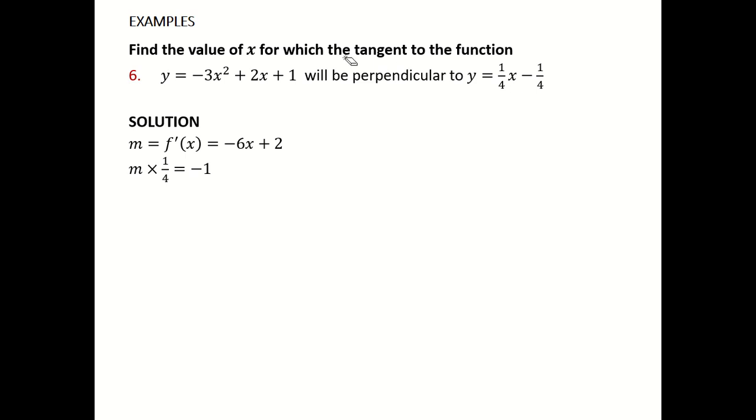So when you multiply the gradient of the tangent with the gradient of this line, they should give you -1. And then I'm going to solve for m. m in this case will be -4. So basically, I've just found the gradient of the tangent. So I'm going to go back to my gradient formula. And where there's m, I'm going to substitute this m, which is -4, and this -4 is simply the gradient of the tangent.